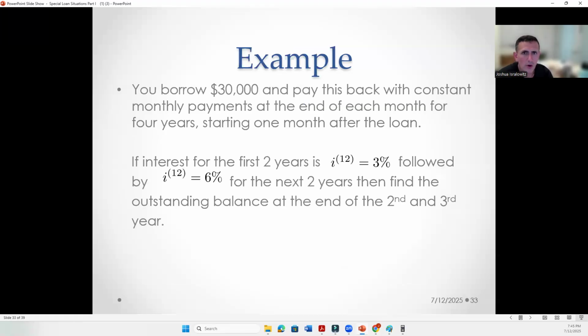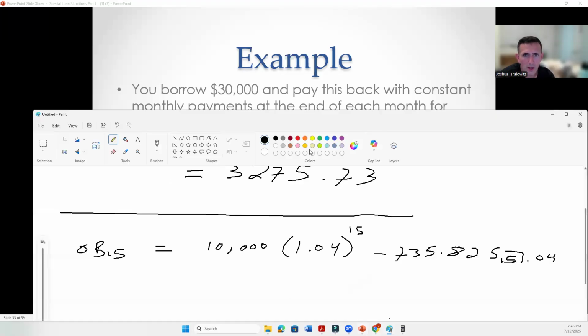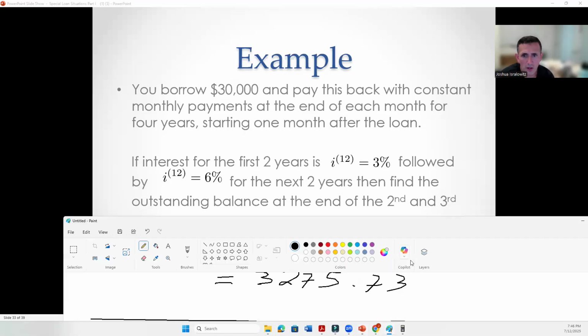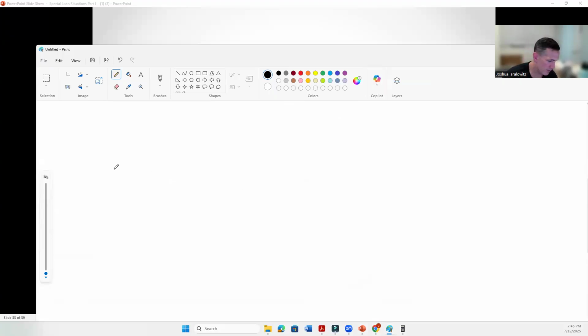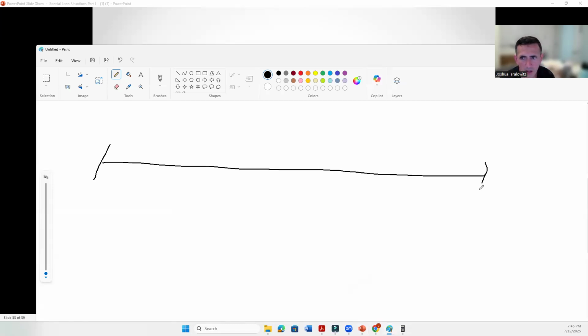Right? So you borrow 30,000 and pay this back with constant monthly payments. i(12) is 3% for the first 2 years. i(12) is 6% for the next 2 years. Find the outstanding balance at the end of the second and third year. All right, so let me draw the time diagram. So we've got to figure out what my payments are.